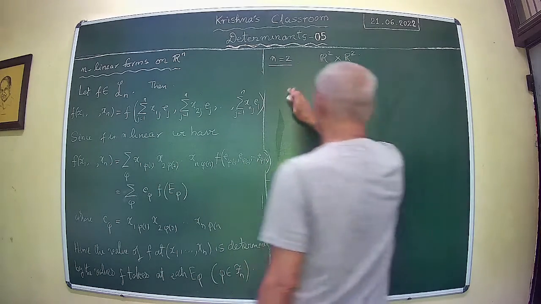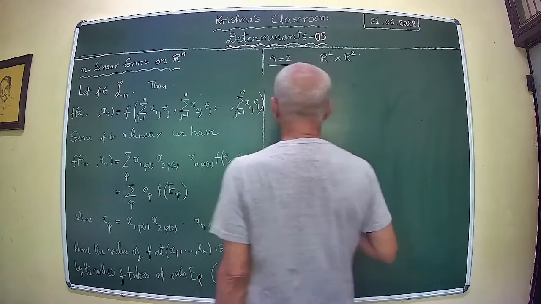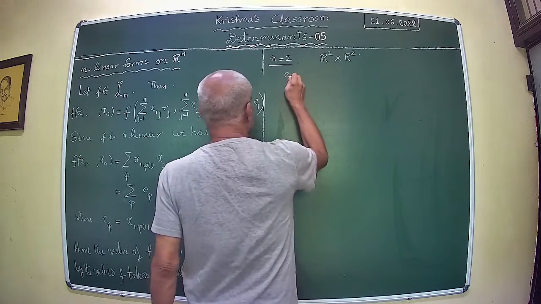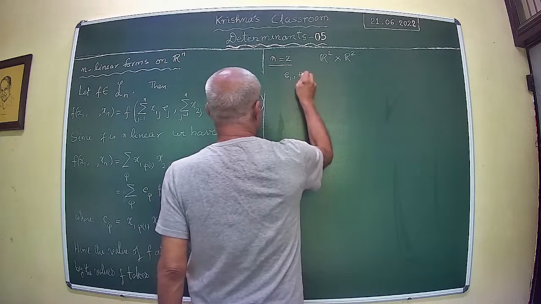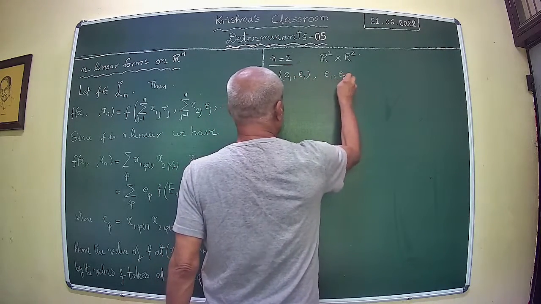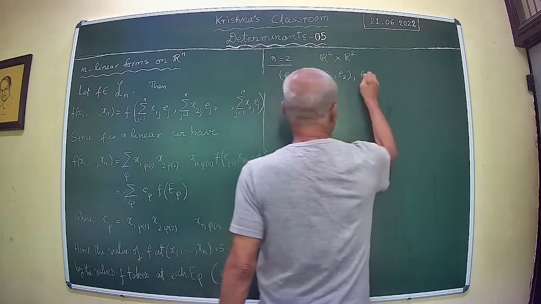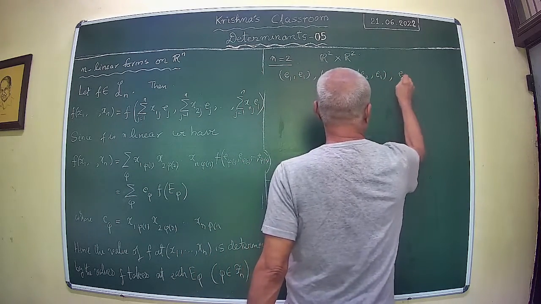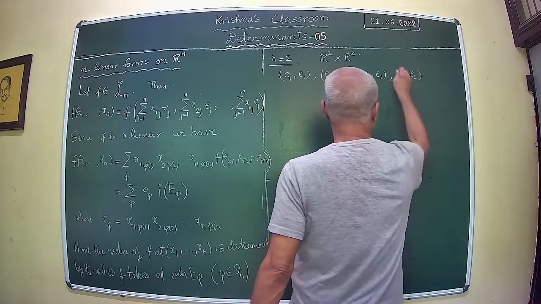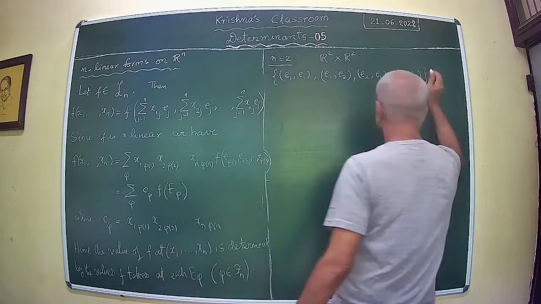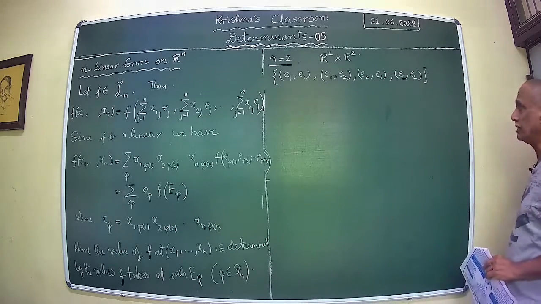So the set of functions that we consider are E1, E1, E1, E2, E2, E1, and E2, E2. So this is the set of E phi's that we consider.